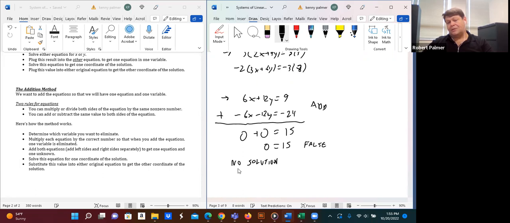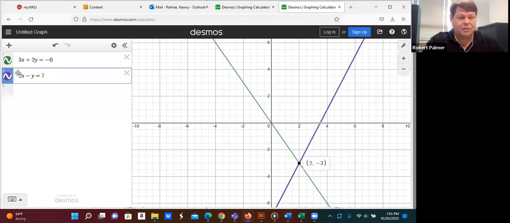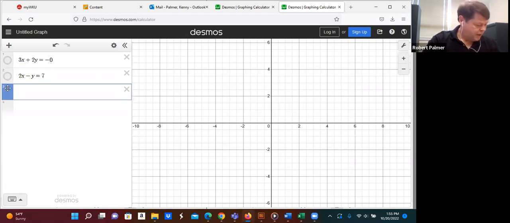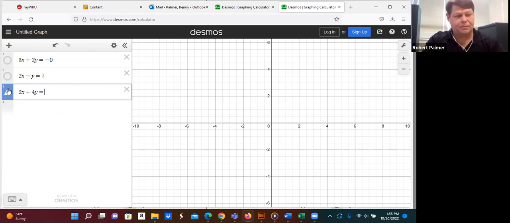These are parallel lines. Now let me just circle that, okay? There's no solution. So let's actually take a look. Let's graph both those on Desmos and see that that's true. Okay, so let me just blank these out for a moment. So what I had was 2x plus 4y is equal to 3.